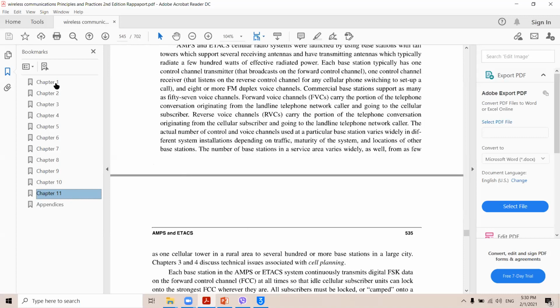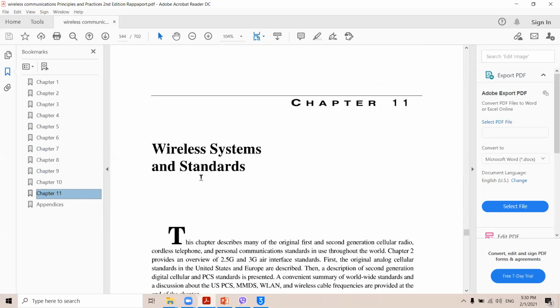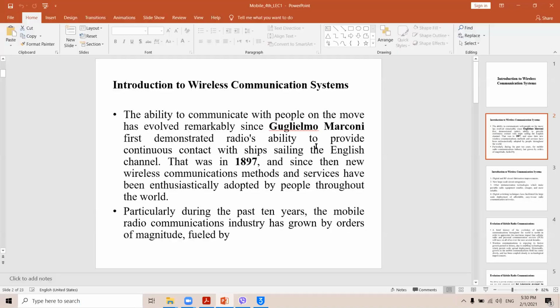So we have 3 chapters: chapter 1, chapter 3, and chapter 11, with just one article from chapter 11, which is the GSM system. Now let's start with the PowerPoint slides and the introduction to the communication system.